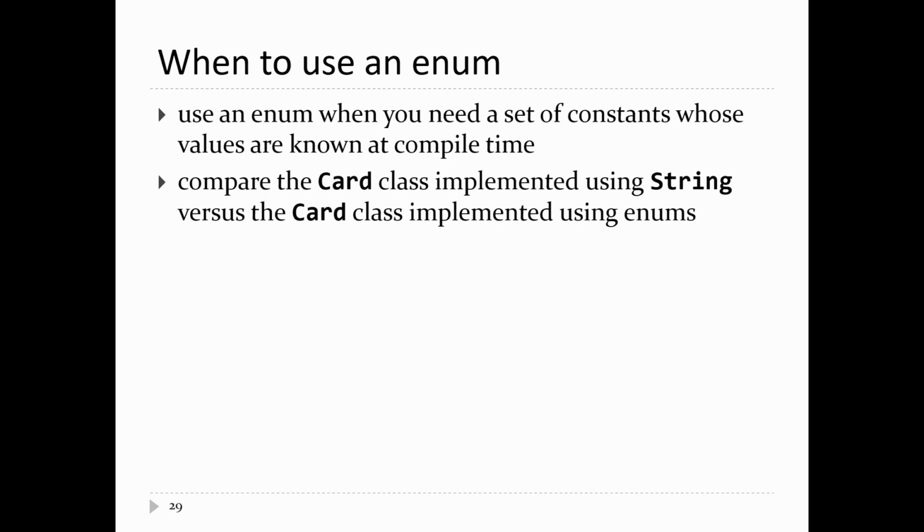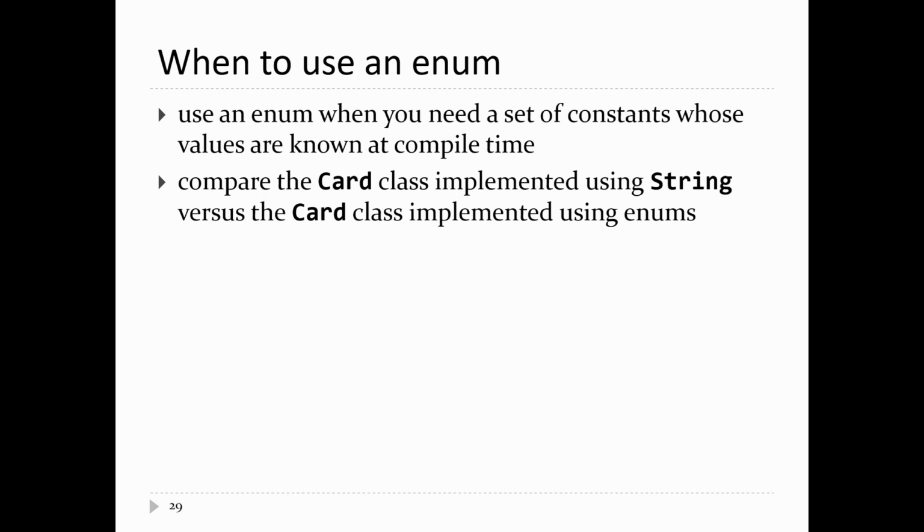Right? So this takes you like 2 seconds to write, right? And now you don't have to do any error checking anywhere in your code, right? Because the only suits that you can use are these 4 here, right? You can return the suit back to the caller as an object, right? And it becomes much easier to write the class, right?